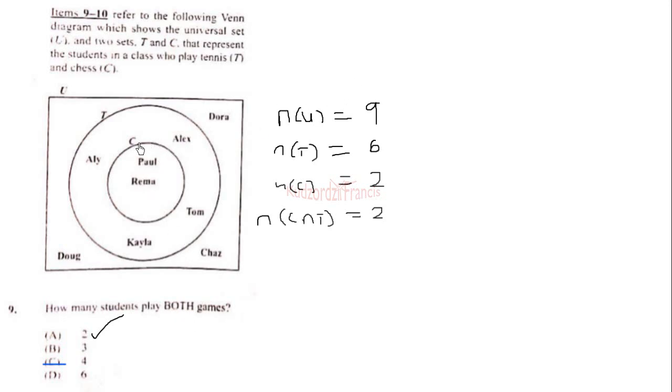So that is it. If you want to split this, like this and this, then you can see that Paul and Rema will be here. Then over here we don't have anything.